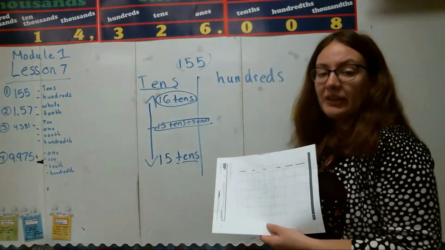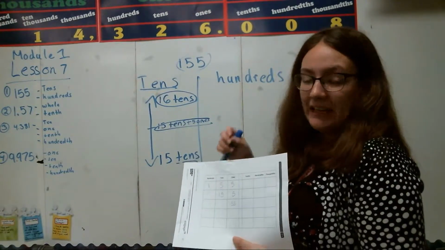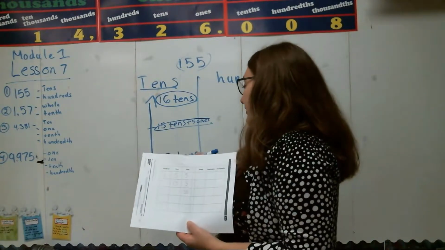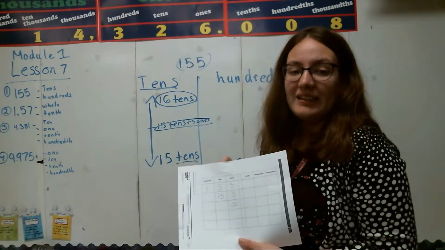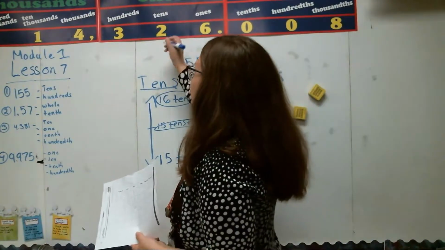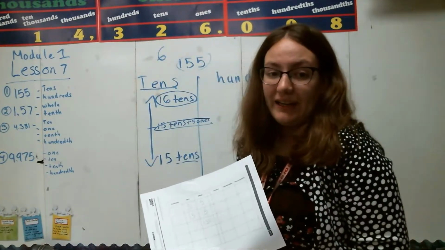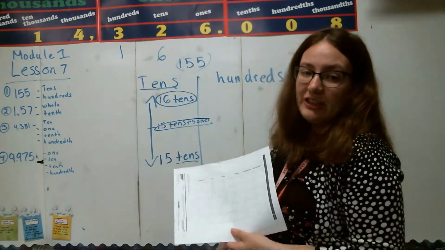Now when I think about the number 16 tens, I need to write that as a number in standard form. If I have 16 tens, I'm going to think about what that looks like in a place value chart. If I have 16 tens, that means I have a 6 in my tens place. And since I have the number 16, I should have a 1 in my hundreds.